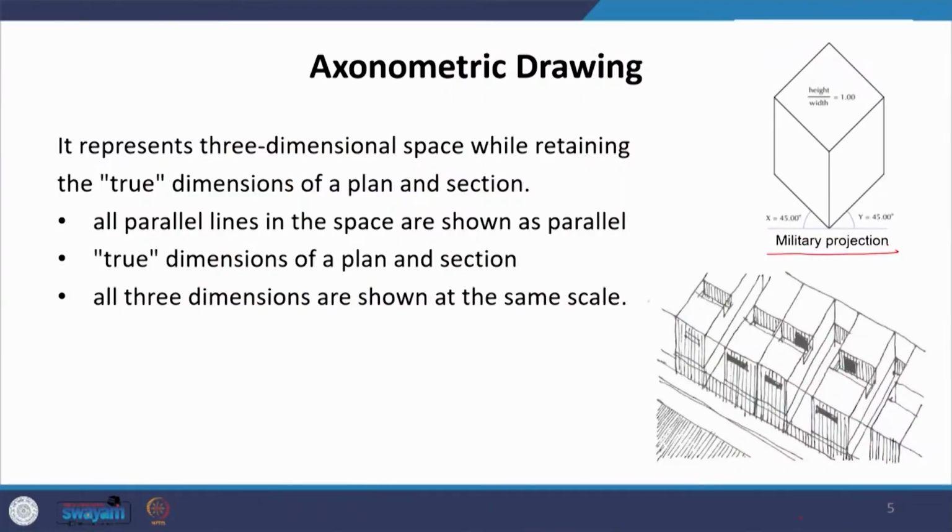Now, the fourth one which I was talking to you about is also known as military projection, and this is again a type of axonometric projection. This is the one we use commonly in architecture, especially when we have larger plans to draw, say maps or community drawings.